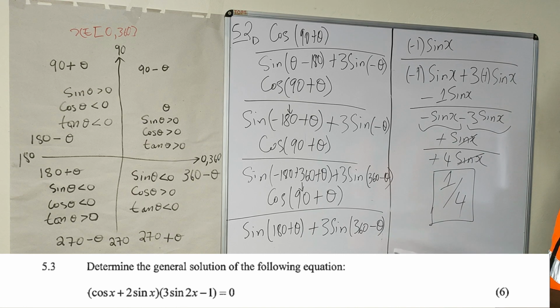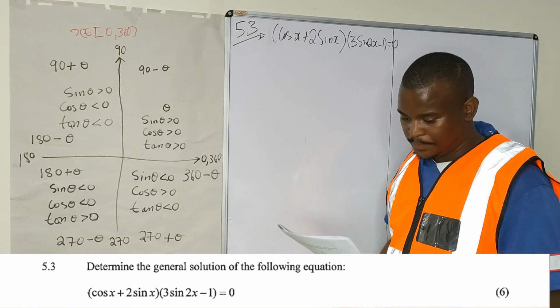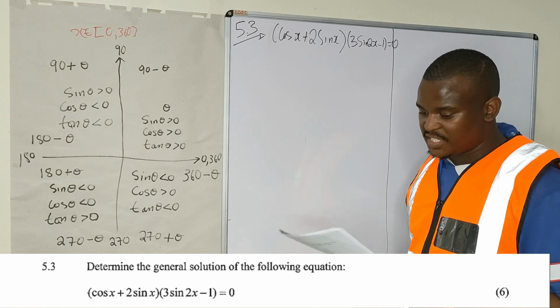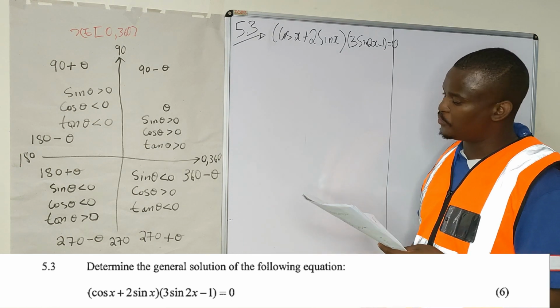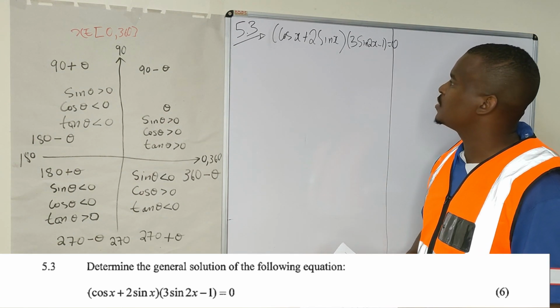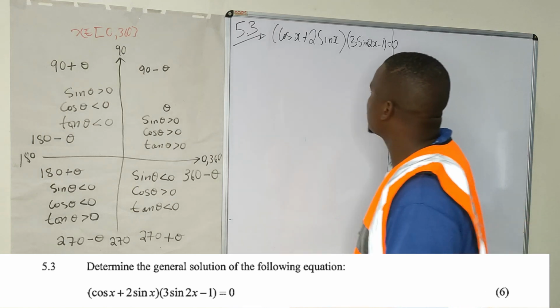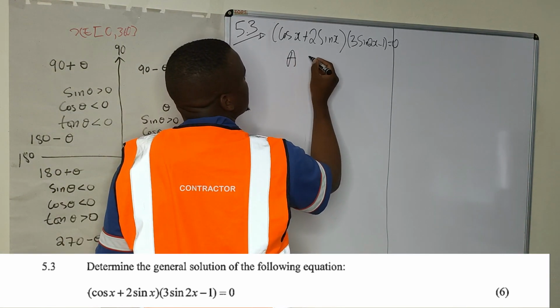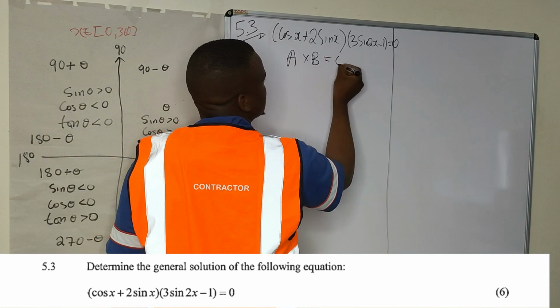Then go to 5.3. Determine the general solution for the following equation. They want you to find the general solution for the following equation. So you have two brackets multiplying each other. So you have A times B equal to 0.